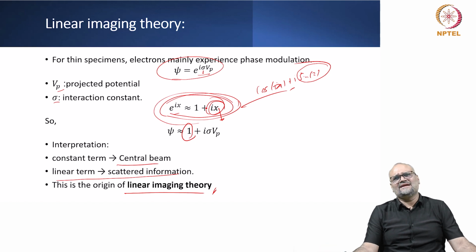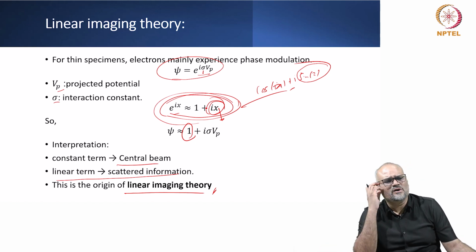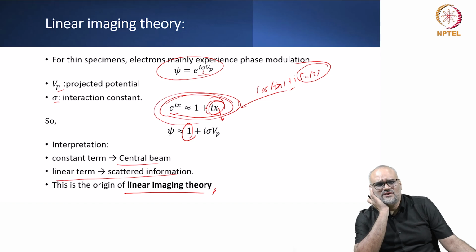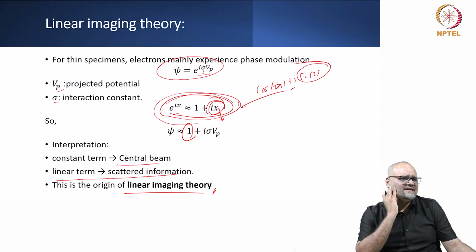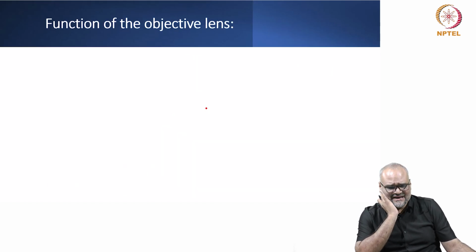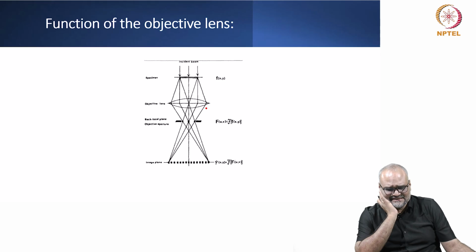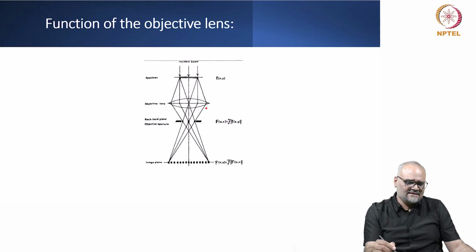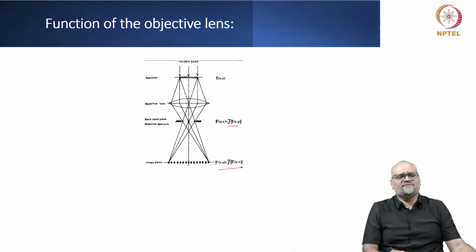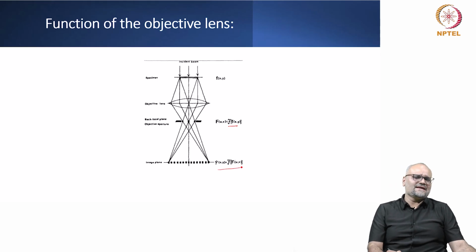Now, I told you that the objective lens is acting as a phase modulator. So let us revisit the foundations of what we introduced with the objective lens and how the phase is varied in the next slide. If I have an objective lens like this, the information that goes through my objective lens first appears at the back focal plane through a Fourier transform, and then through another inverse Fourier transform I get the information at the image plane.